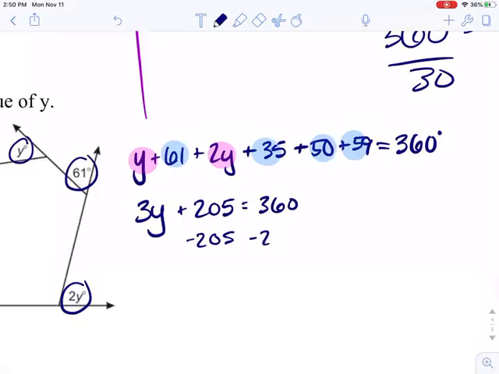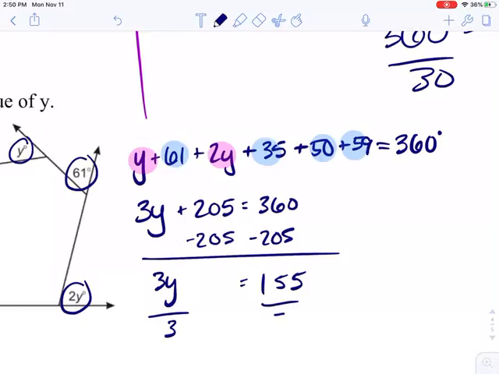And then I'm going to subtract 205 from both sides. 3y equals 155. So when I divide by 3, I get that y is 51.6 repeating. Can we have a decimal? Oh, yes, we can.